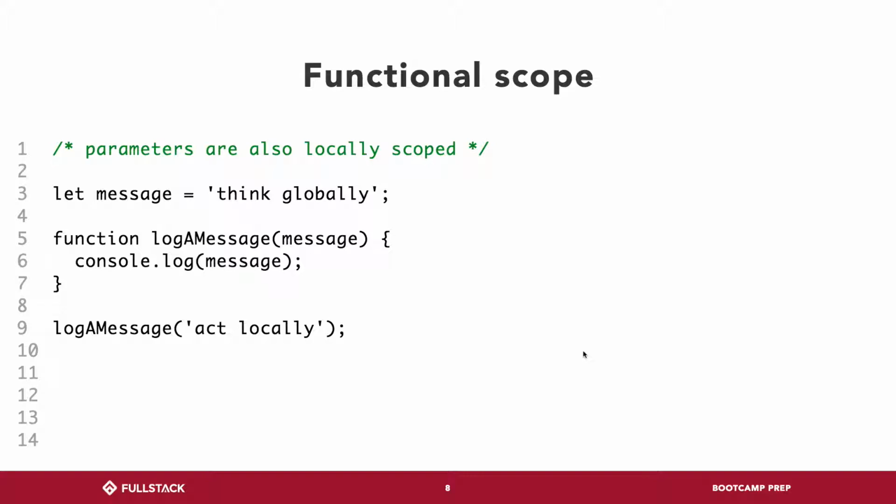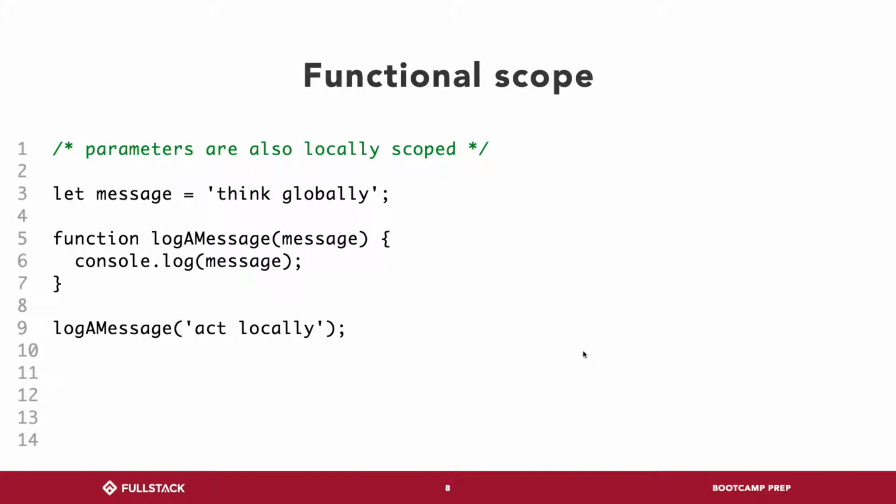So does anybody know what this would output if we called this function and passed it this parameter? This one's a little trickier. Some of you got it right, some of you got it wrong, but I very much appreciate that you all shouted it out, because it's fine to get it wrong. Honestly, we're all going to make mistakes.